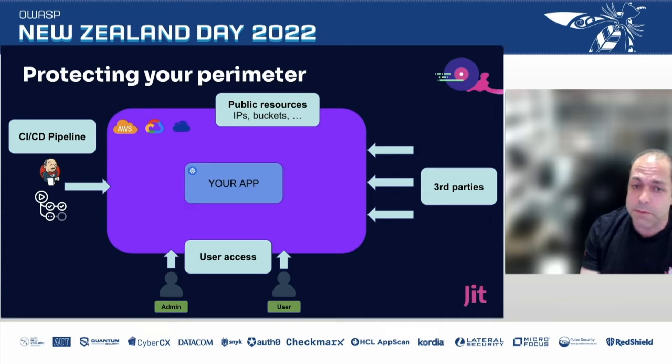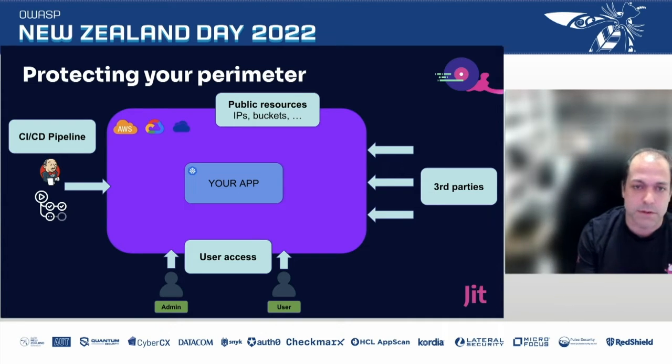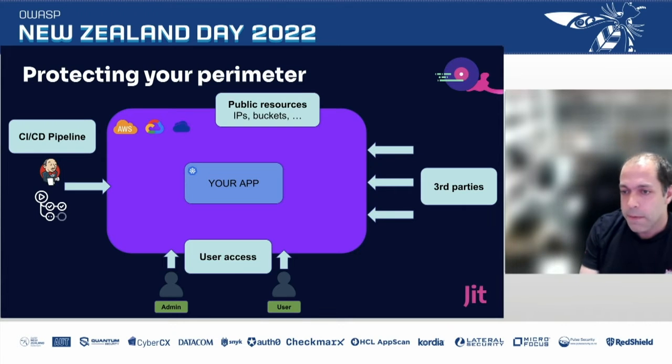You have all your public resources that are available in your cloud, your public IPs, your buckets, a lot of resources that could be used and that are vulnerable if they're not protected correctly, or if there's some misconfiguration. And at the end, you have all the third parties that are connecting to your application, to your environment.